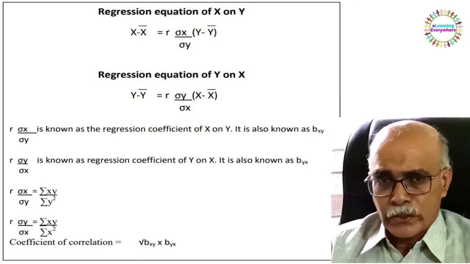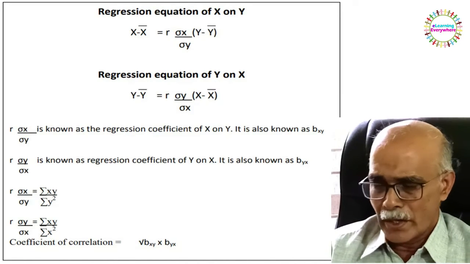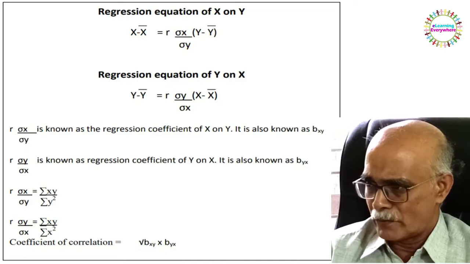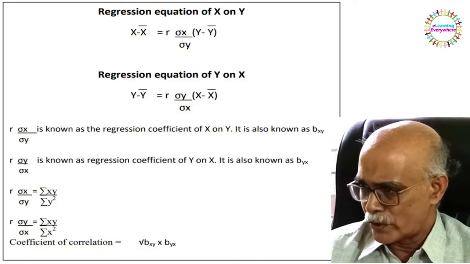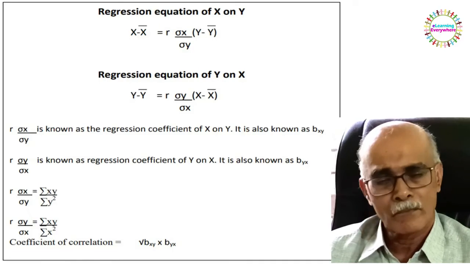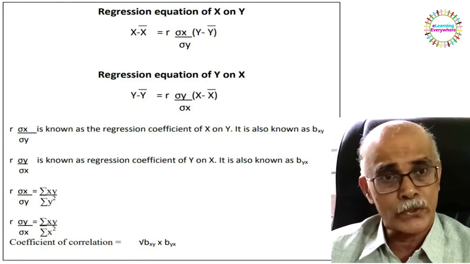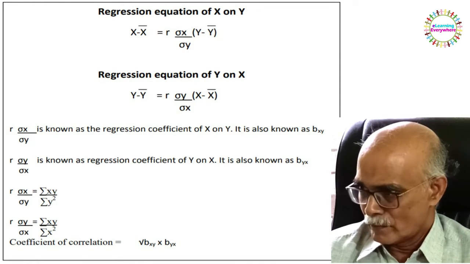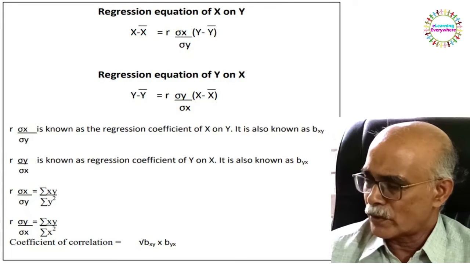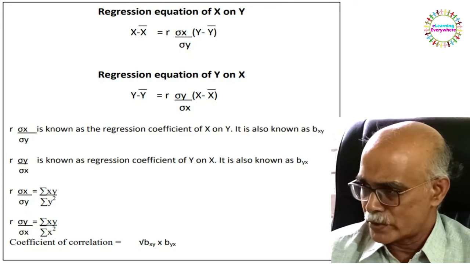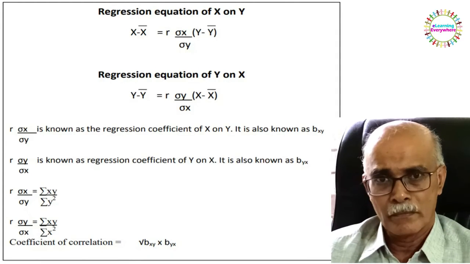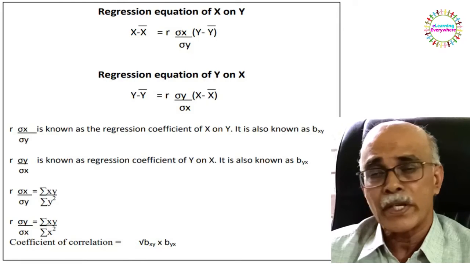In these equations, r into sigma x by sigma y is known as the regression coefficient of x on y, also known as bxy.